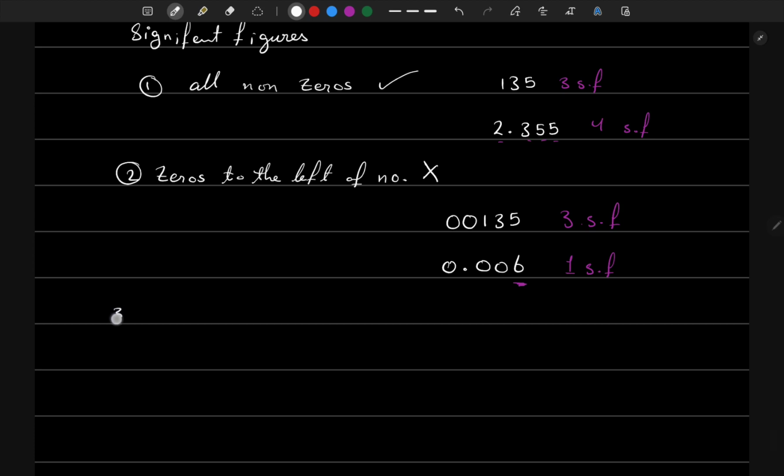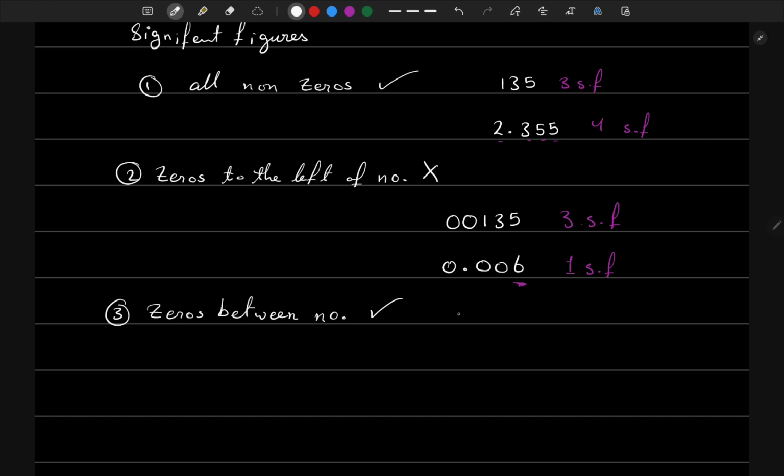Right. Rule number three, zeros between numbers, and by numbers I mean non-zero numbers, I just don't write it to save time, but zeros between non-zero numbers are significant figures.